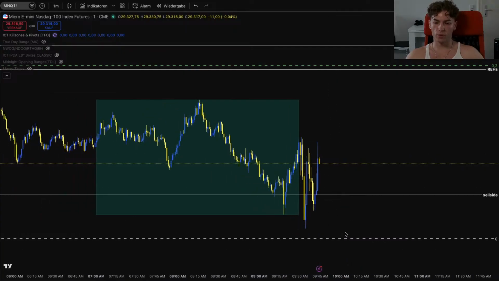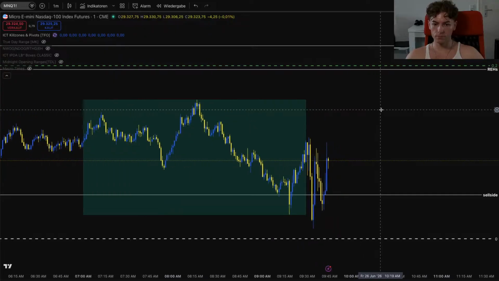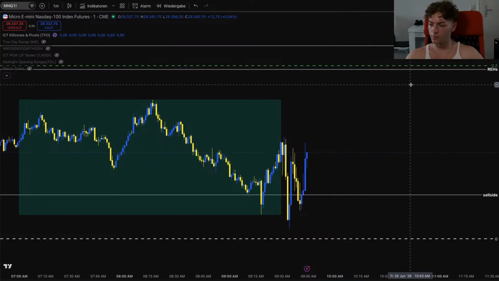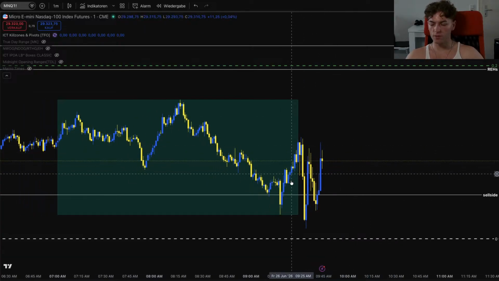And if we don't get a trade towards the buy side, then we've got to see what we can work with today. But yeah, market structure is not favorable right now.